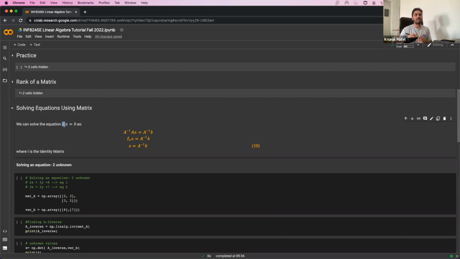And now instead of trying to find out where my given vector will land, I want to find out which vector will land on a particular vector if I multiply it by this matrix A.